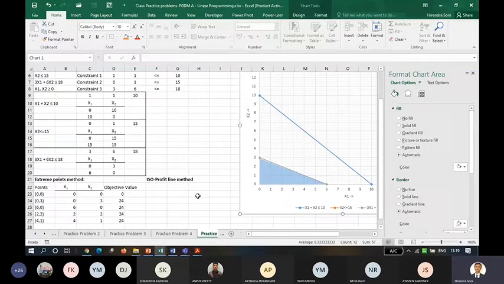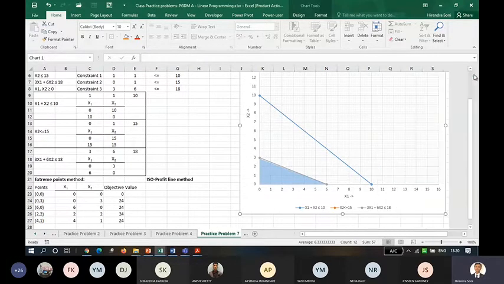Anyway, that is not our scope. For now we will stop here. Let us try working it out with isoprofit also, so that we become sure that multiple solutions are coming.